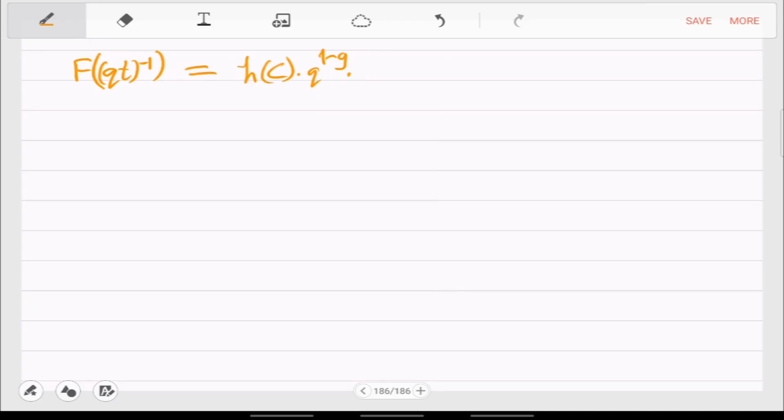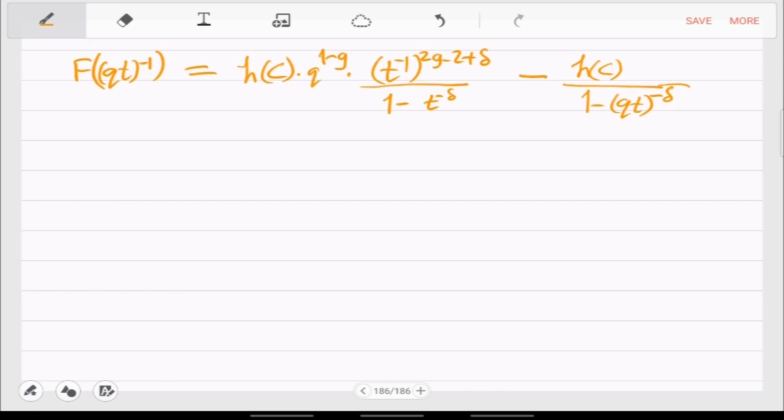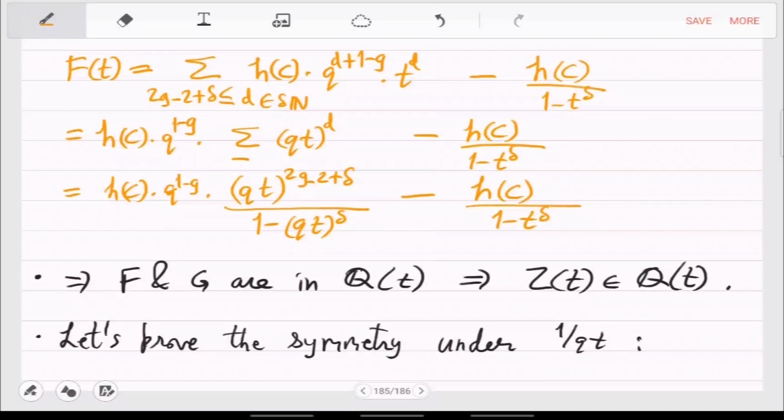I get t raised to minus 1 raised to, divided by 1 minus t raised to minus delta, minus the residue part, and this becomes qt minus delta. Will there be a q in the denominator? Yeah, where? In the first part? Yeah, so this is what I said. Okay, that's fine. That's the beauty of the first part.